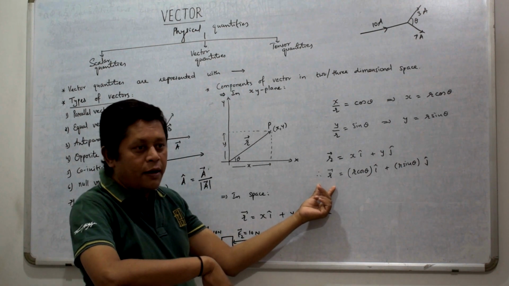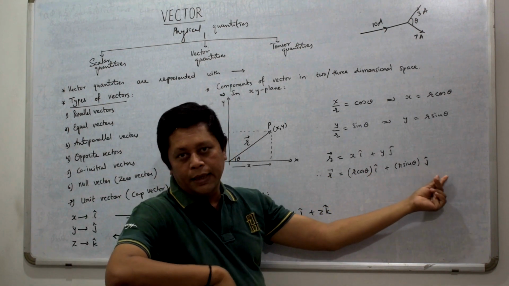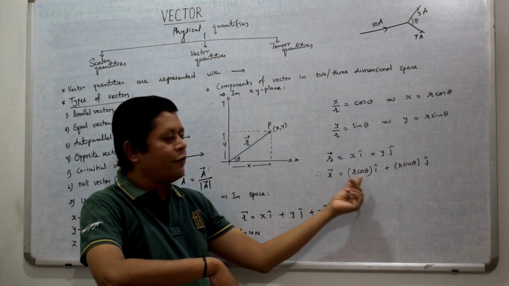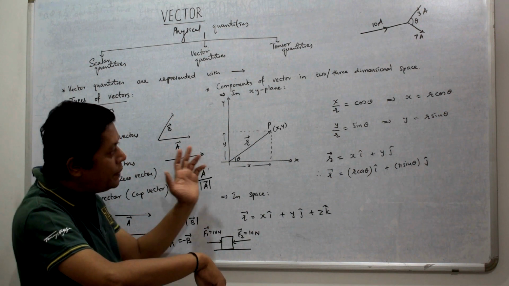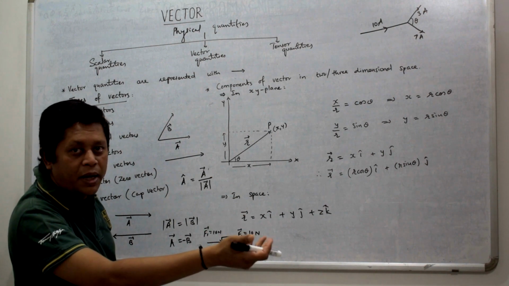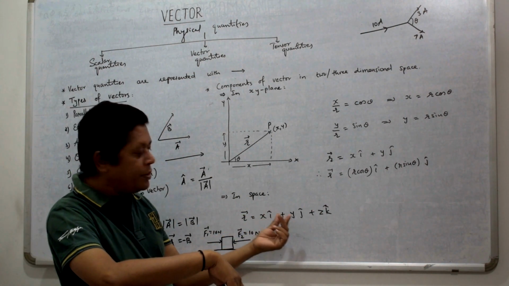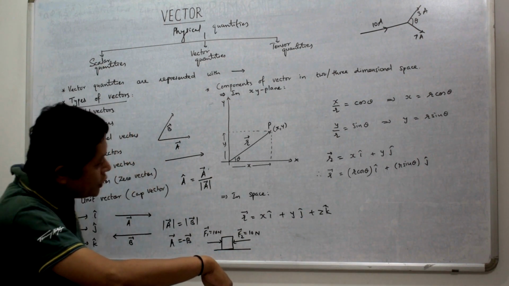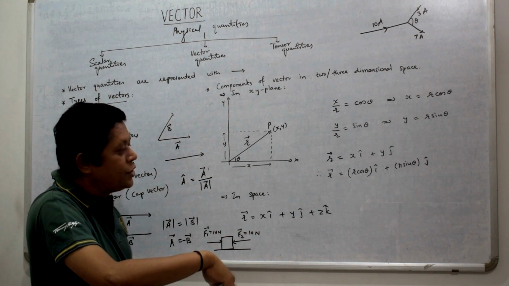So vector r is equal to r cos theta i cap plus r sin theta j cap. This way you can write the components of r in the x and y directions. Similarly, for a vector in three-dimensional space having components x, y and z, vector r is equal to x i cap plus y j cap plus z k cap.